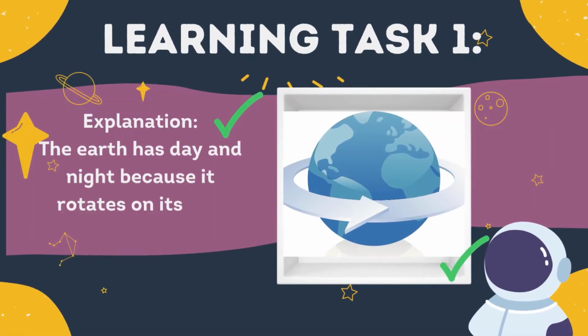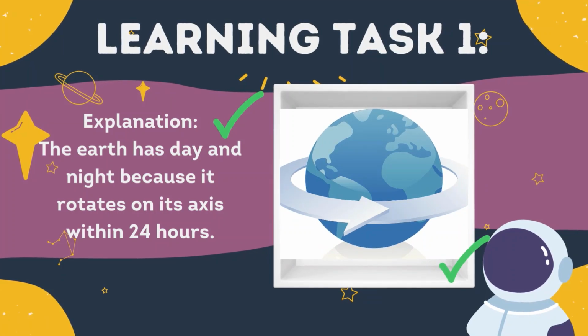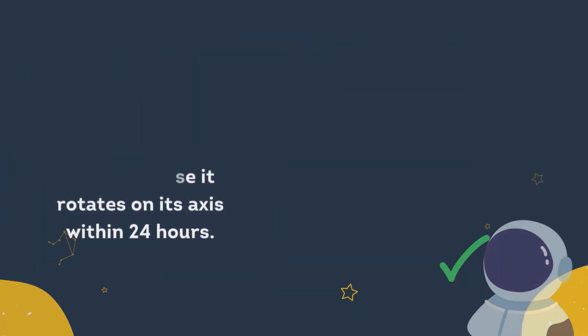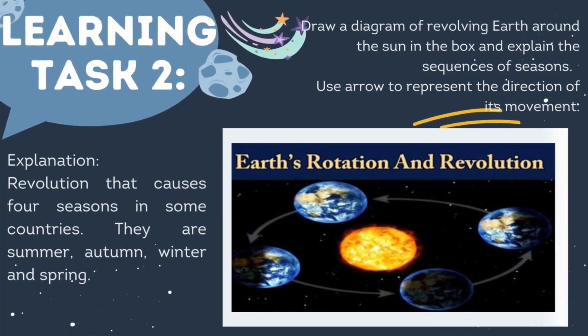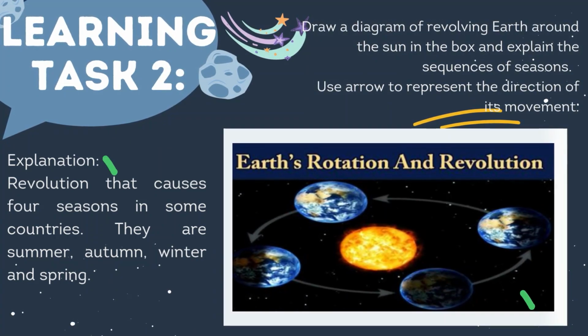Let's go. Here are the answers for learning task 1, as well as the explanation. Did you get it? For learning task 2, here are the answers, the illustration, the diagram, as well as the explanation.